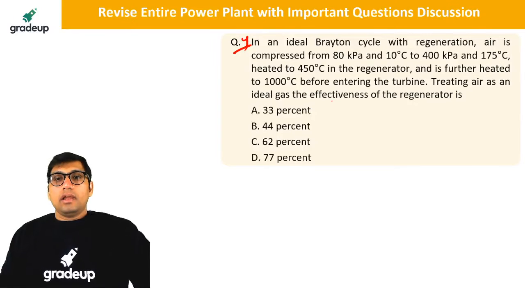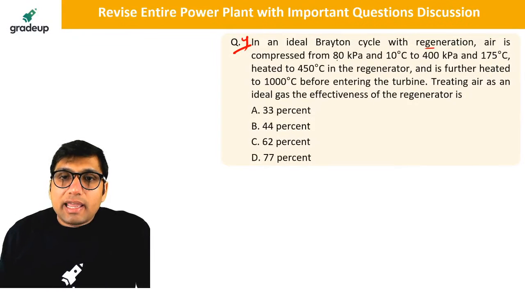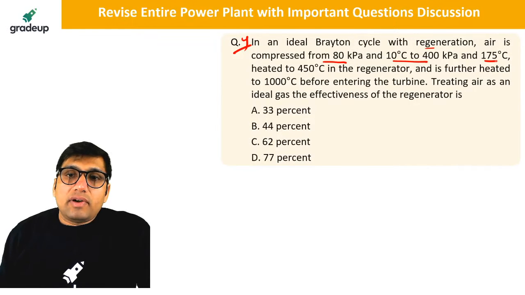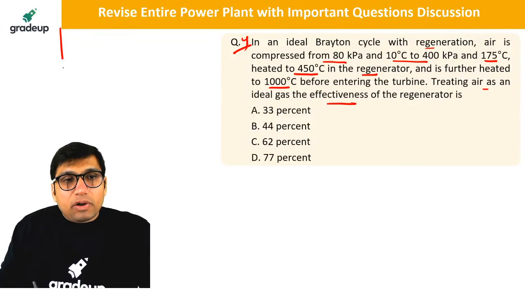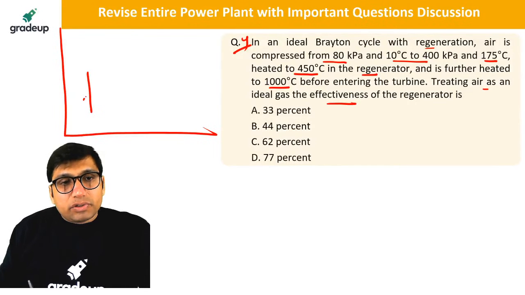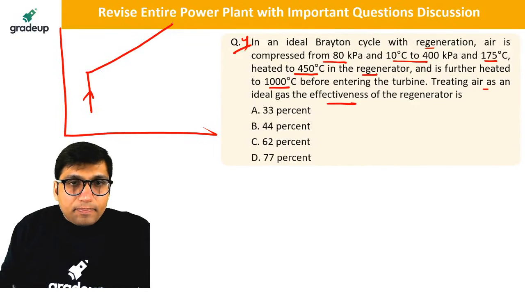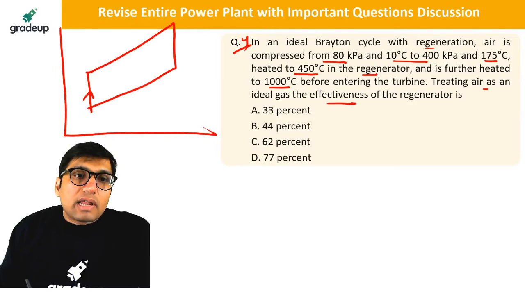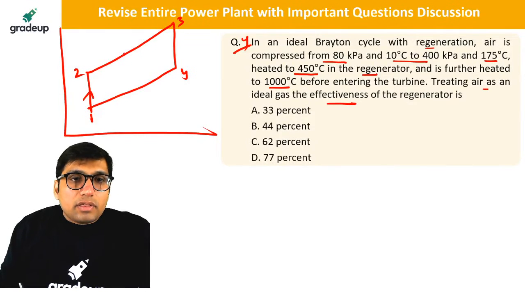Okay, so in an ideal Brayton cycle with regeneration, air is compressed from 80 to 400 kilopascal and 175, heated to 450 in the regenerator, and is further heated to this much. Treating air as an ideal gas, find effectiveness. So it is a very simple question. They have given all the temperatures. You just have to find effectiveness. This is 1, this is 2, this is 3, this is 4, this is 5.